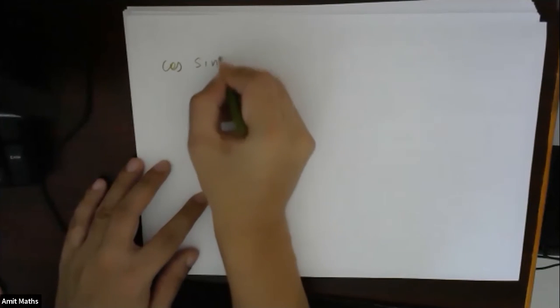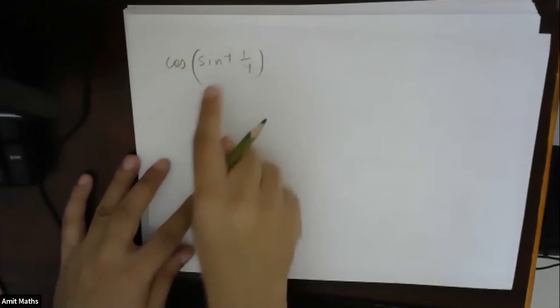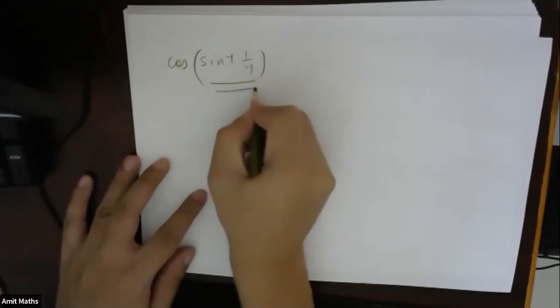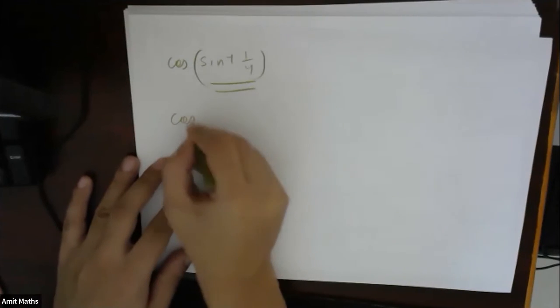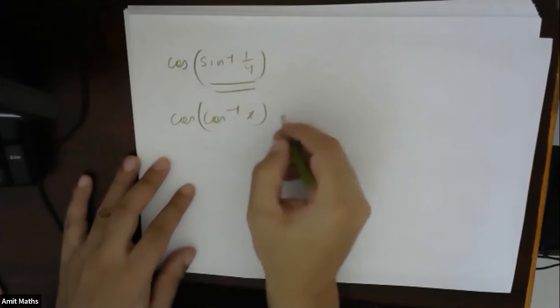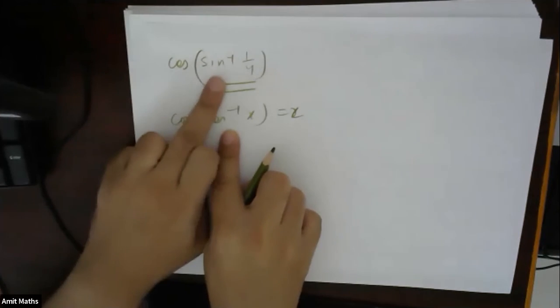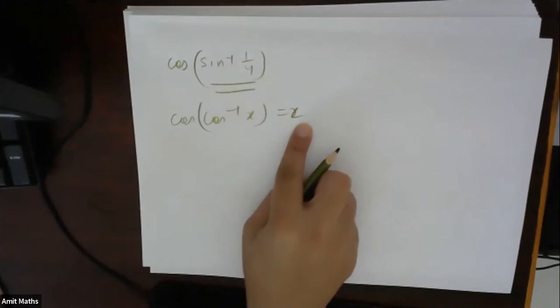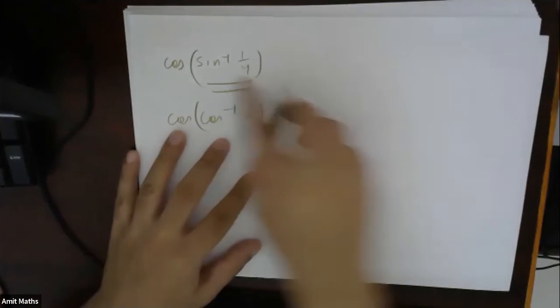So this is cos of sine inverse of 1 by 4. Right? So here, if this was cos inverse of x, then we could have simply written this in x. Now see, sine inverse of 1 by 4.